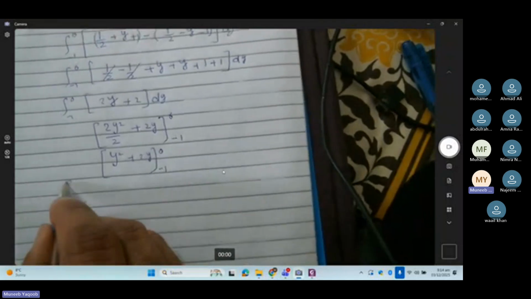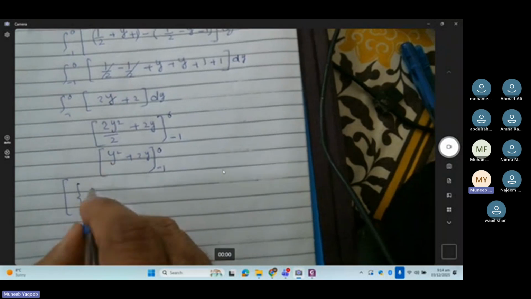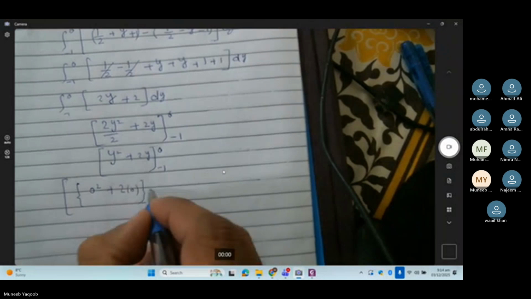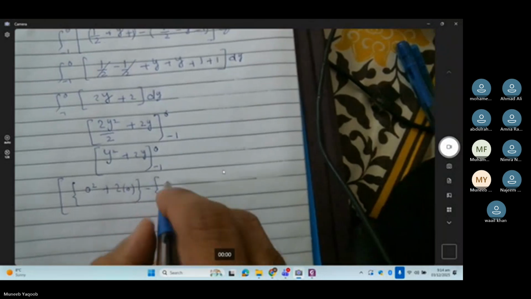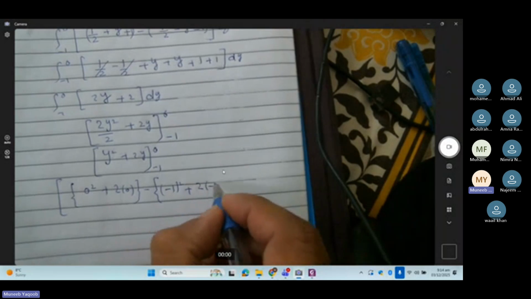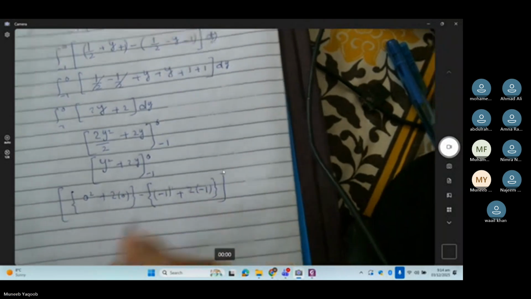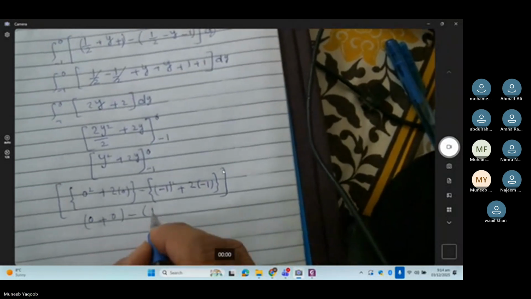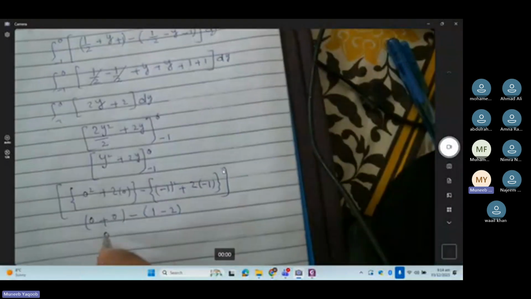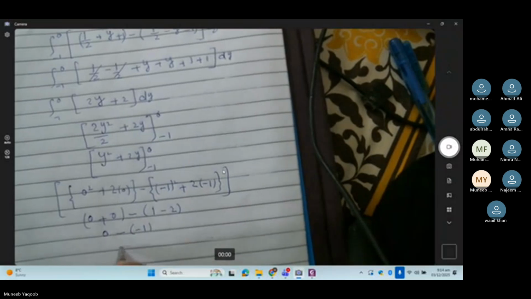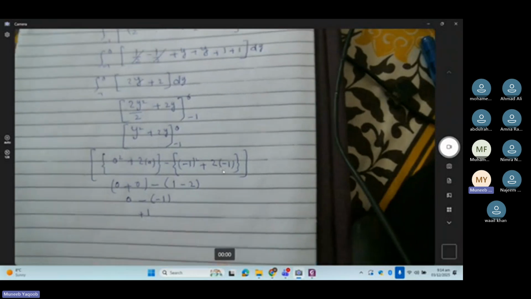Finally, we will apply the limit: 0 square plus 2 into 0, minus (-1) square plus 2 into -1. Now it's 0 plus 0 minus 1 minus 2. Finally, 0 minus (-1), and finally the answer is 1.